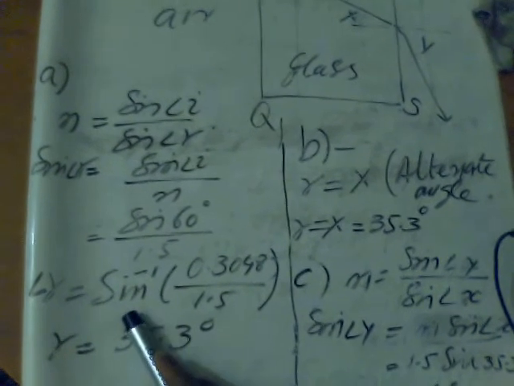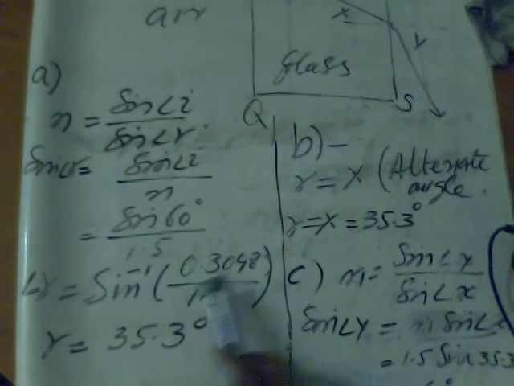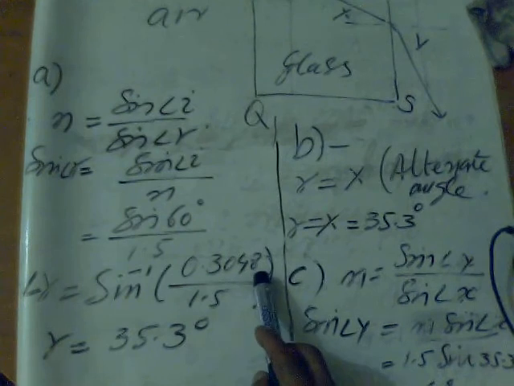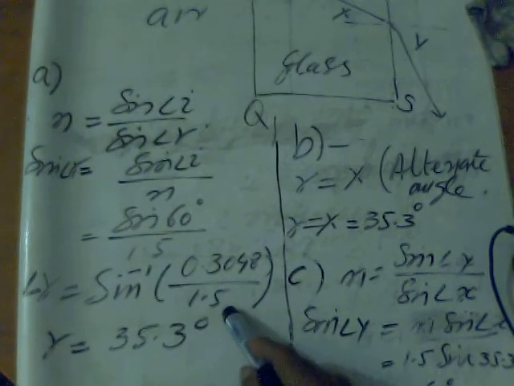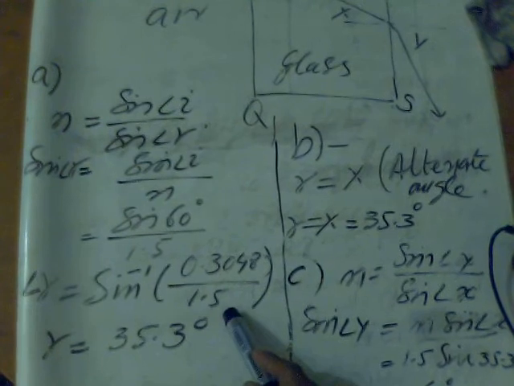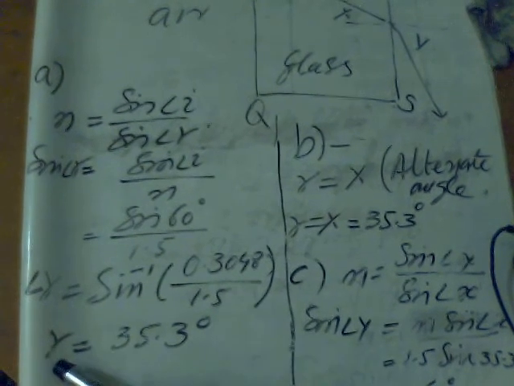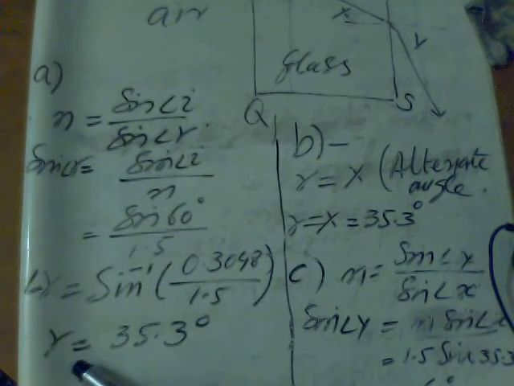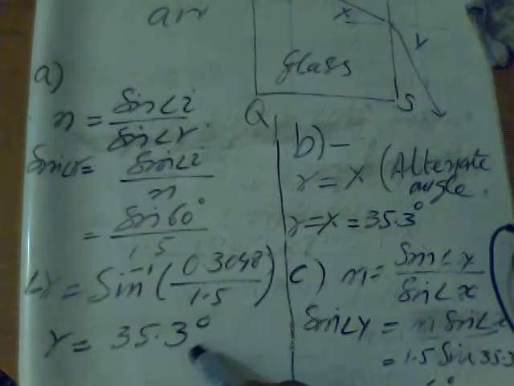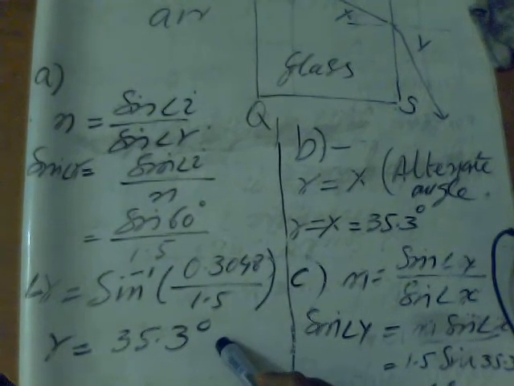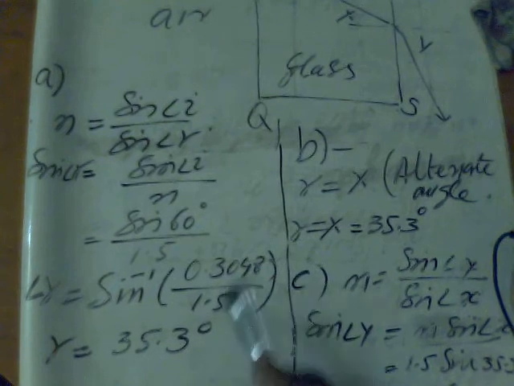So R equals inverse sine of sine 60 divided by 1.5. When we calculate and simplify, the angle R comes out equal to 35.3 degrees.